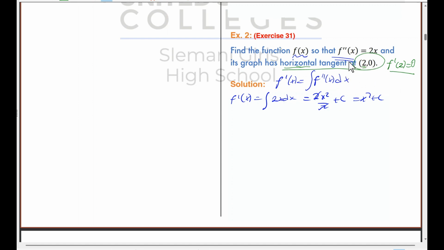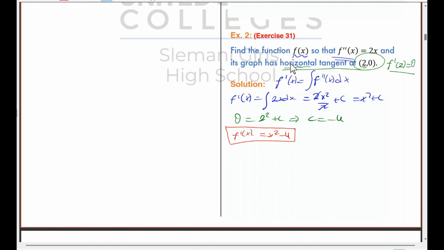So the point is (2, 0) at the first derivative. So now my y is 0 while my x is 2. So 2 squared plus C, which means C is minus 4. So I got my first derivative. F prime of x is x squared plus C, which is x squared minus 4. Okay, I got f prime.